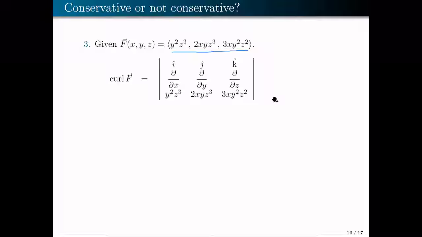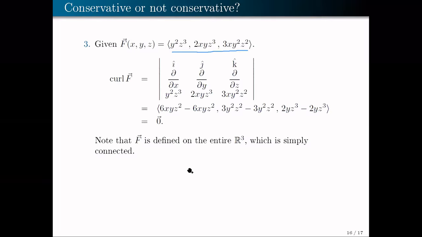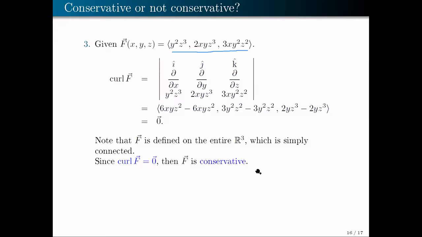Computing the cross product of this expression, we get the following vector, which is equal to the 0 vector. Since the vector field F is defined on the entire R3, which is simply connected, and since the curl of the vector field is equal to the 0 vector, then according to the theorem, this vector field is conservative.